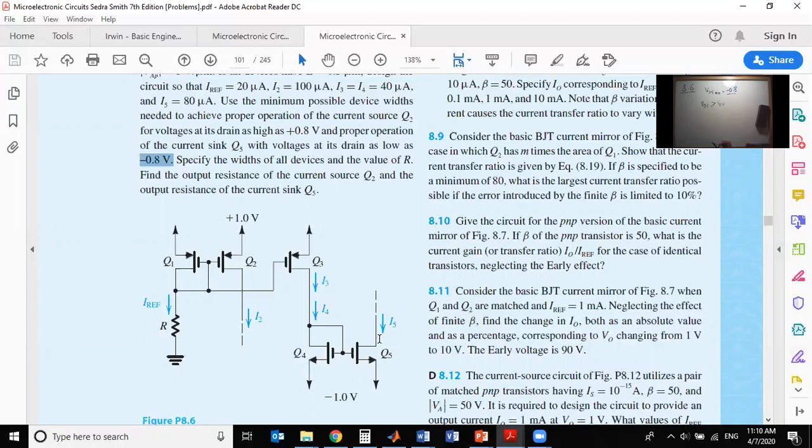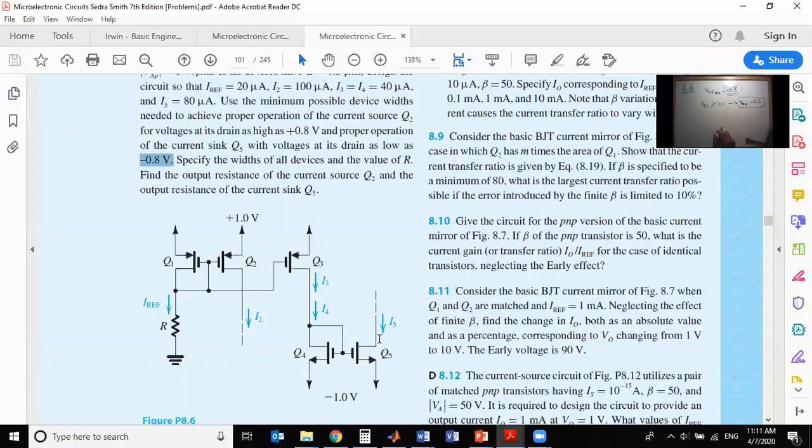So the minimum value of VD5 is minus 0.8. It could be minus 0.7, minus 0.6, and so on. So VDS also has to be at minimum 0.2, right? So that means V overdrive here is 0.2. Okay, but this comes from this one here. So V overdrive in this case is going to be 0.2.